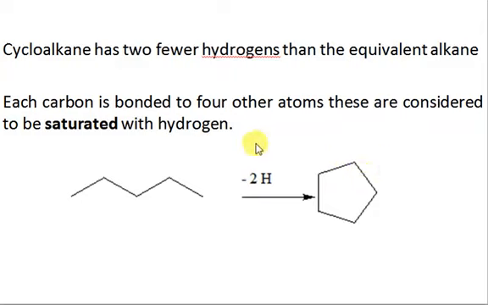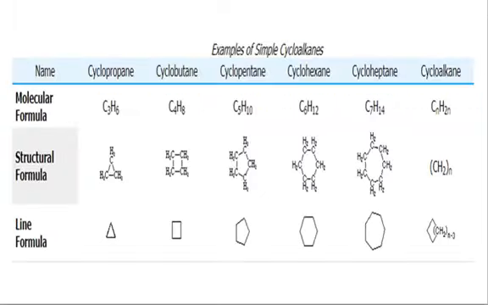Therefore we say that each carbon of the cycloalkane is saturated. So although there are 2 hydrogens less in the cycloalkanes, they are still considered saturated, because all carbons form 4 bonds to other atoms. Therefore cycloalkanes are considered saturated hydrocarbons.